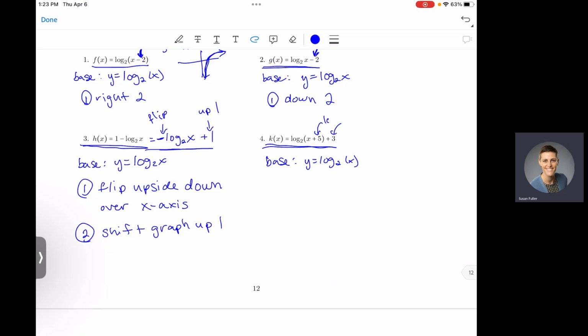And that's going to go the opposite way you think it will, so that's going to shift us to the left 5 units. And then this plus 3 is outside, so that's going to shift us up and down. And that's going to go the way you think it will, so that's going to shift us up 3 units. Order matters, so we're going to go left 5 first, and then we're going to go up 3 next.